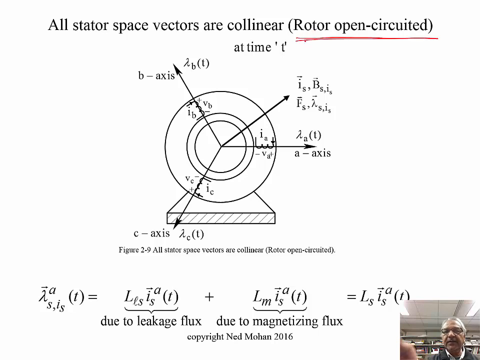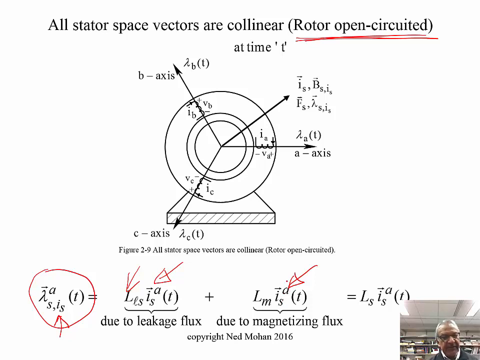When the rotor is open circuited, the resultant stator flux linkage due to this current, which is really made up of IA, IB, and IC, has a term due to the leakage and the current flowing, and then you have this mutual inductance L sub m. I shouldn't say IA. I was wrong. It was the stator current space vector with respect to the A axis, and the stator current space vector with respect to the A axis again here.